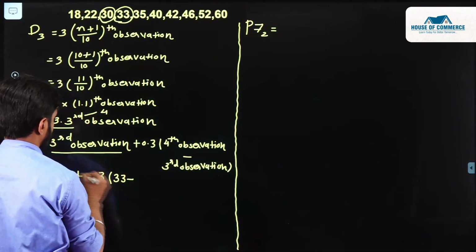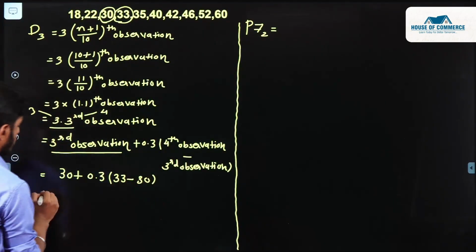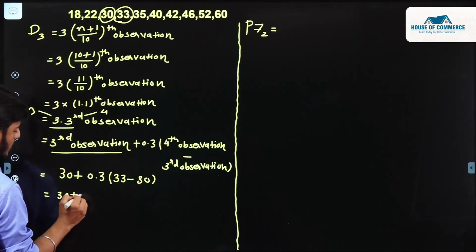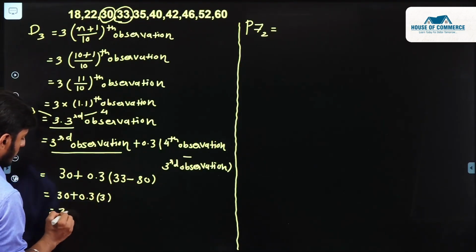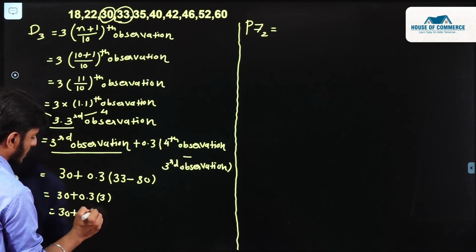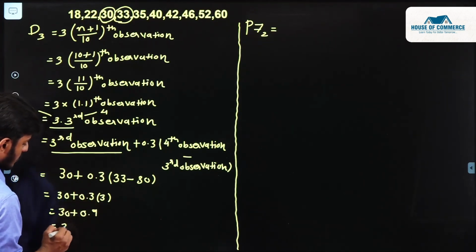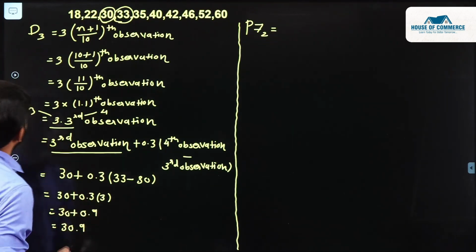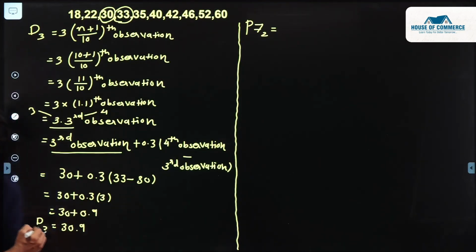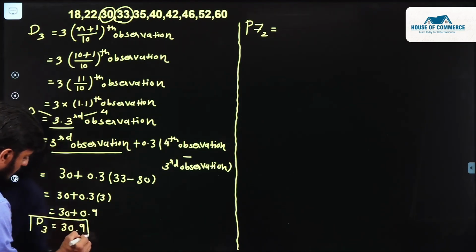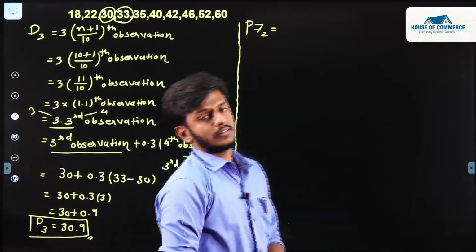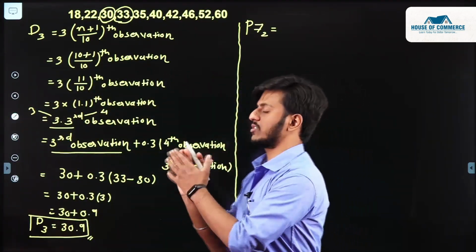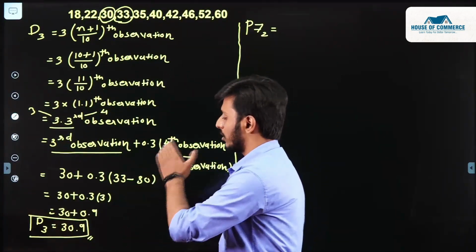What is the third observation? 30. Simplifying, 30 plus 0.3 times (33 minus 30, which is 3), so 30 plus 0.9, and it is 30.9, and this will be our third decile. If they are asking for the interpretation, we can say that 30% of observations are lesser than 30.9.